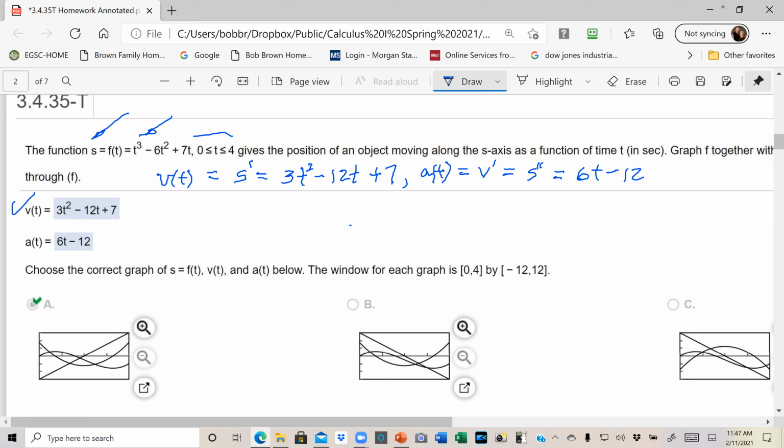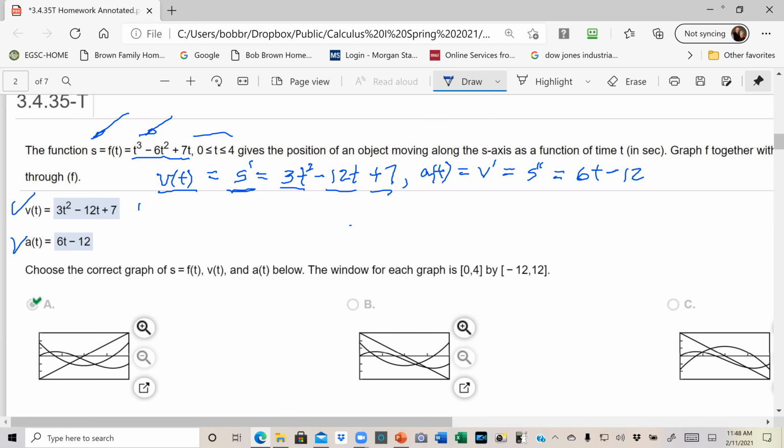Well, right here we have the velocity as the first derivative of the position, and you already know the power rule for polynomials, so that would be 3t squared minus 12t plus 7. So that's the answer to the velocity.